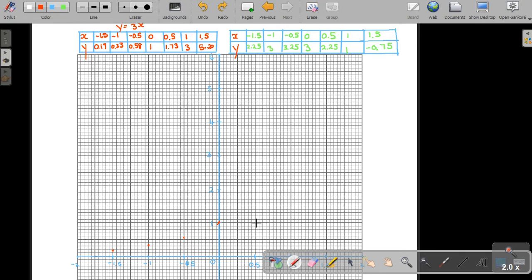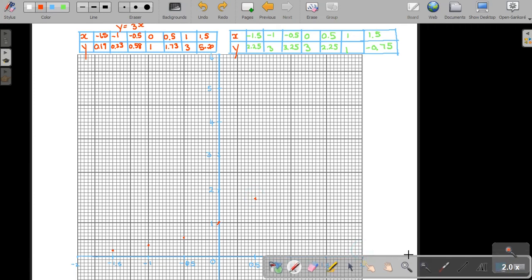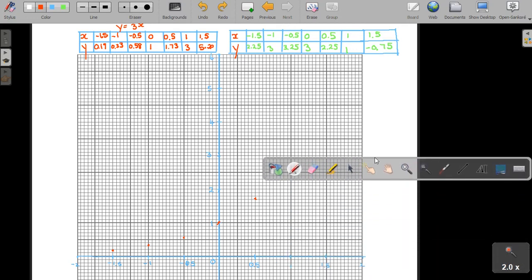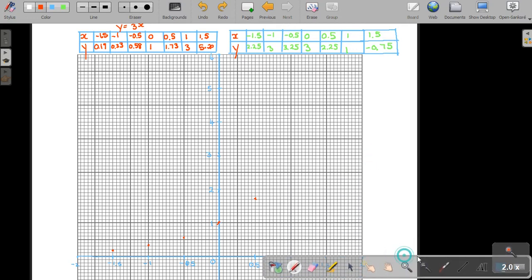Oh, 0.5 and 1.5673, and then 1 and 3, doesn't matter, 1 and 3, and then 1.5 and 5.2, 1.5 and 5, there's 5 and 0.1, 2 there.